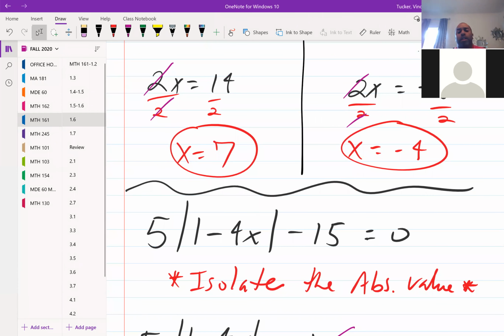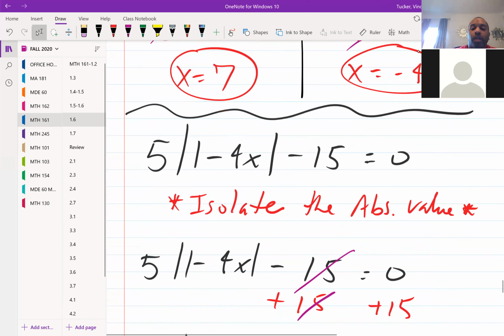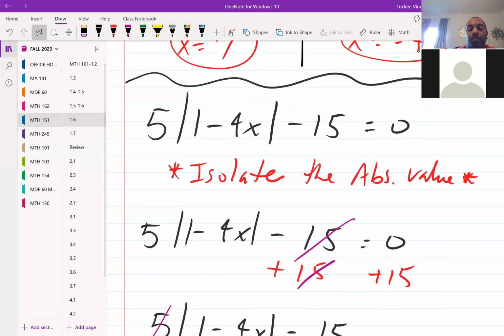All right. Next one, we have 5 times the absolute value of 1 minus 4x minus 15 equal to 0. So what we want to do here is isolate the absolute value symbol. We want to get an absolute value quantity by itself on one side of the equation. Then we'll be able to set it up this way. So we're going to add 15 to both sides.